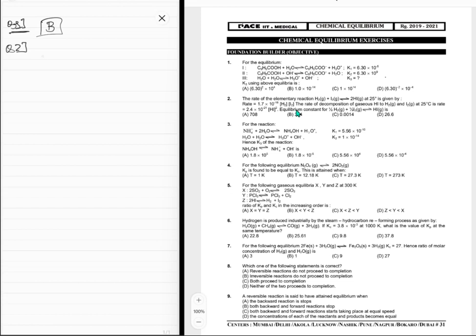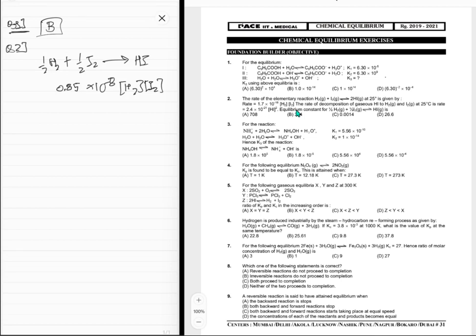So for this forward reaction, half H2 plus half I2 gives HI. For this reaction, the rate is going to be 0.85 into 10 power negative 8 times concentration of H2, concentration of I2. Isn't that correct?